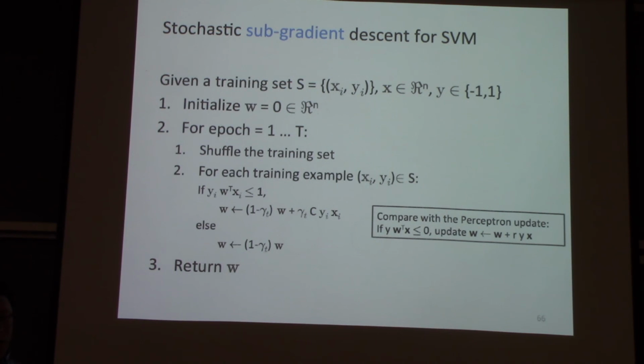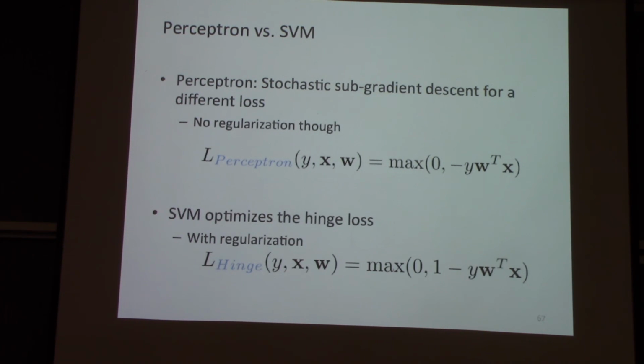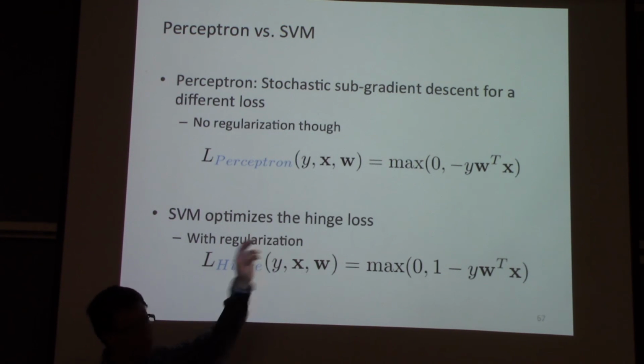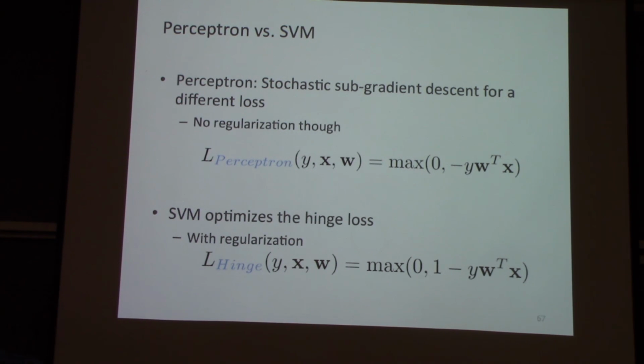If we define the perceptron loss like this one, max(0, -y w·x), just like we define hinge loss in SVM, and we are doing loss minimization using subgradient descent, and you calculate the subgradient for that function, you will find out that the update rule will be the same as the perceptron update rule.